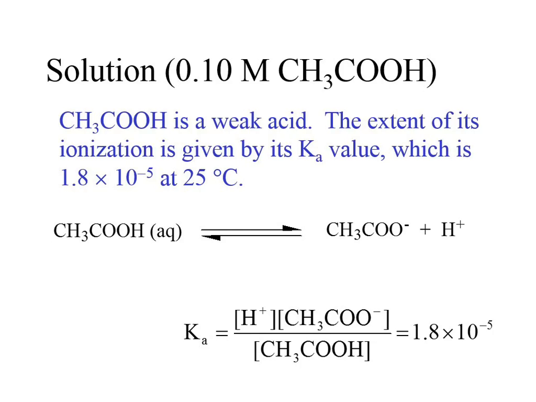Concentrate and make sure that you write your equilibrium correctly, and then from your equilibrium write your Ka expression correctly. In this case, the Ka value is given, and you're after the hydrogen ion concentration.